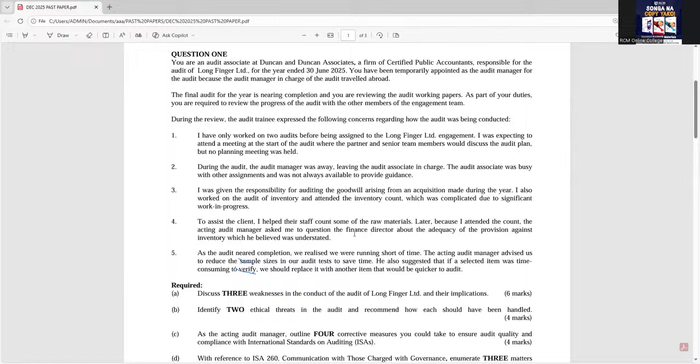So we can talk of self-review, then also intimidation, where the audit manager called upon him to question the finance director about the adequacy of the inventory. You can even talk of advocacy. He took part in counting these raw materials, then you might find that the inventory was not actually correctly reported.